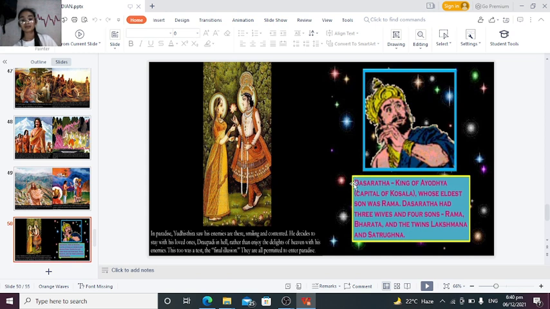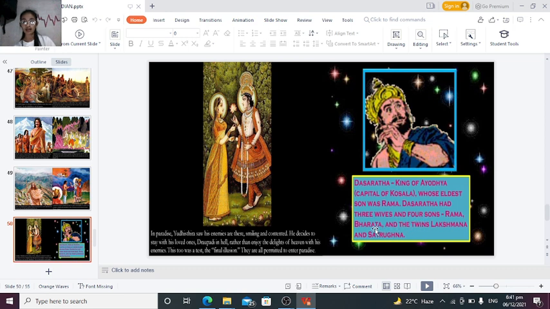So, for the story of Ramayana, we have here the characters. Dasarata, the king of Ayodhya or the capital of Kosala, whose eldest son was Rama. Dasarata had 3 wives and 4 sons.